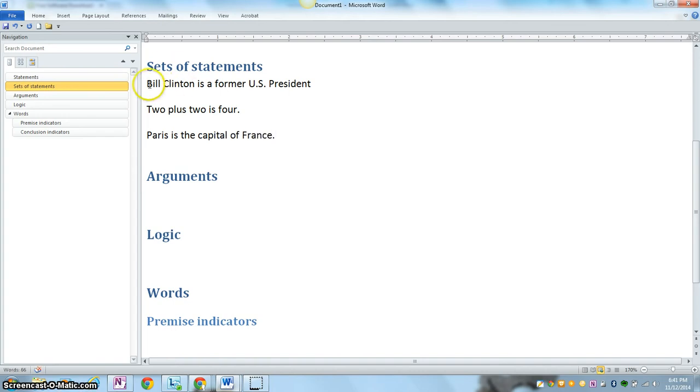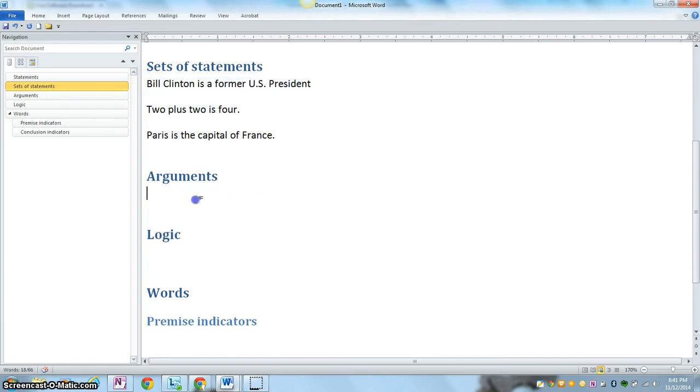This is a set of statements. These are three statements together. They're not particularly related to each other. I suppose these are three things that you could say in conversation, but not necessarily in the same conversation because there doesn't seem to be anything that connects them with each other.